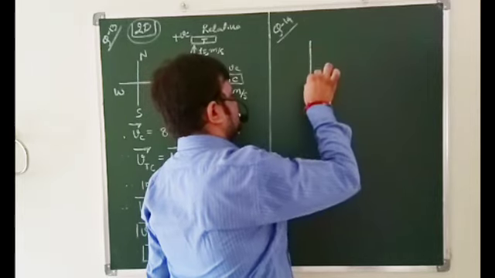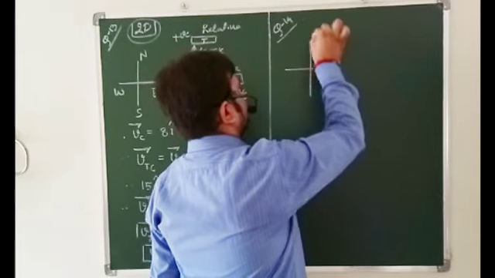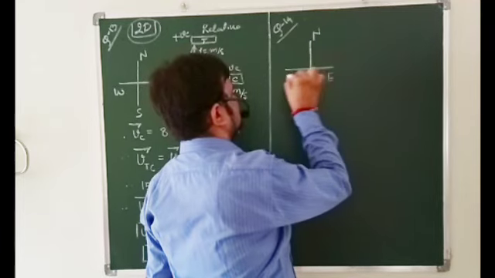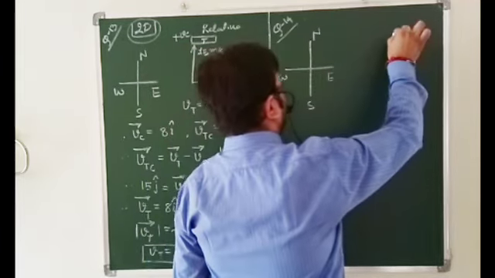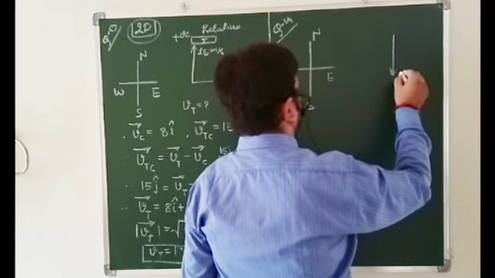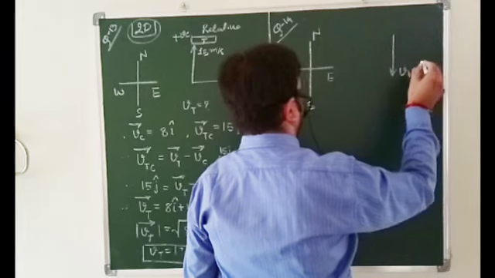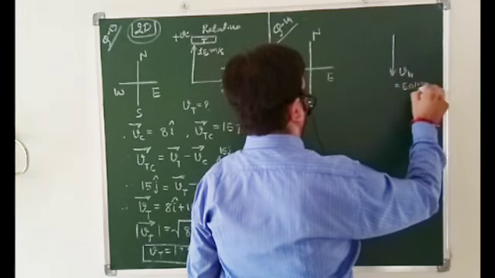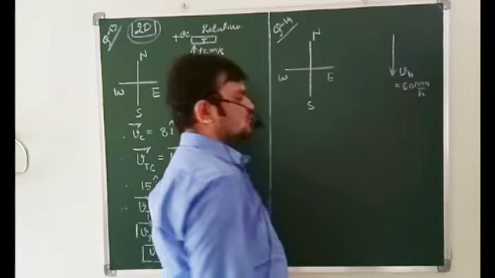As per the direction system, north, south, east and west, the helicopter is flying in the south direction. So VH is 50 km per hour.